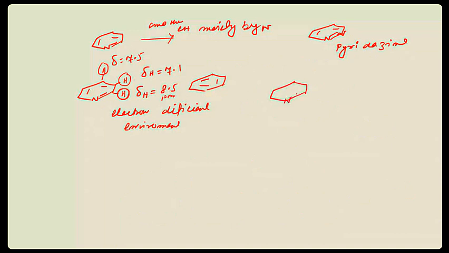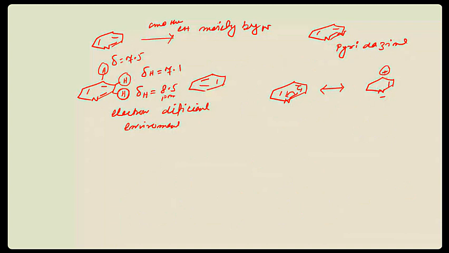Basically, this nitrogen, if this kind of delocalization happens, see what is going to be. This is N minus here, because of this type of electron delocalization, this carbon has quite a positive charge.